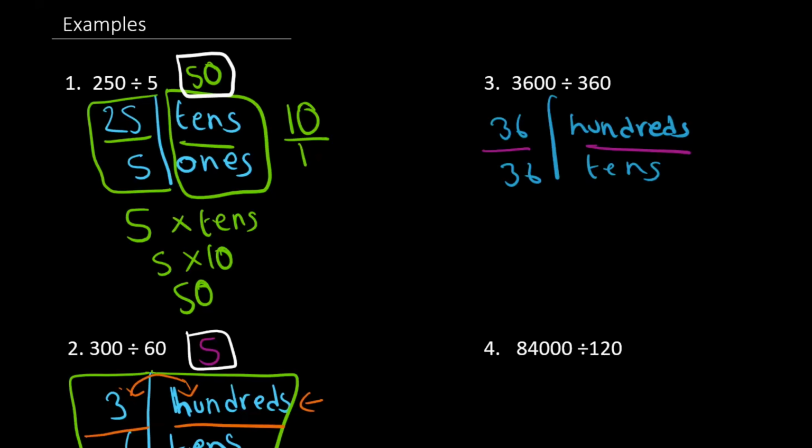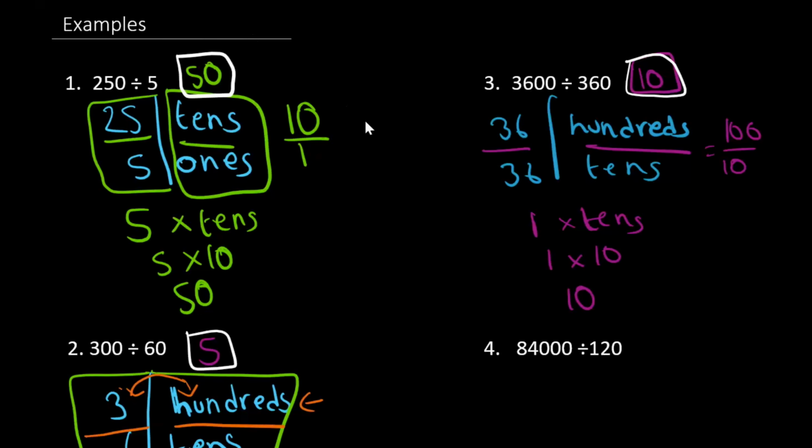So 36 divided by 36 is 1. 100 divided by 10 is 10. So 1 times 10 equals 10. So our answer for the third question is 10. And let me just use a different color to box it.